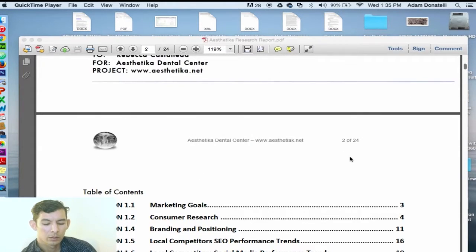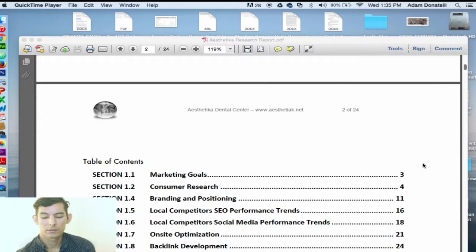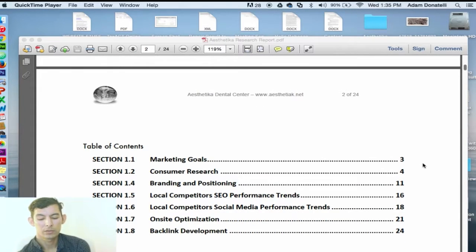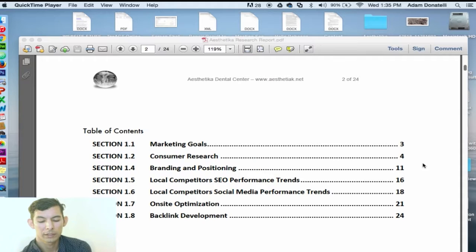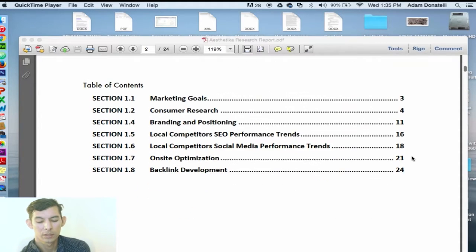Okay. Table of contents is we're going into first the marketing goals, and then we're looking into the consumer research, and then into the competitors' branding and positioning strategies that are working for them. Looking at competitors' SEO performance trends and seeing what they're investing into, what opportunities we have for our own site.